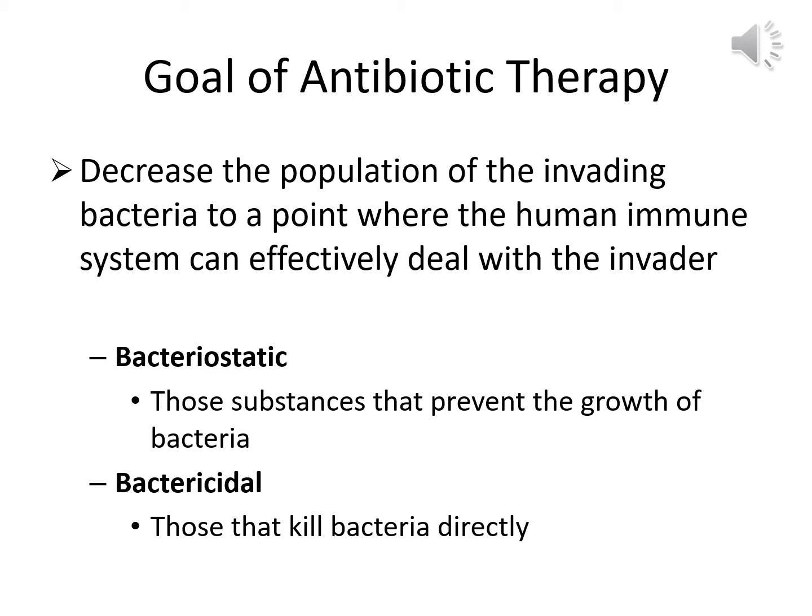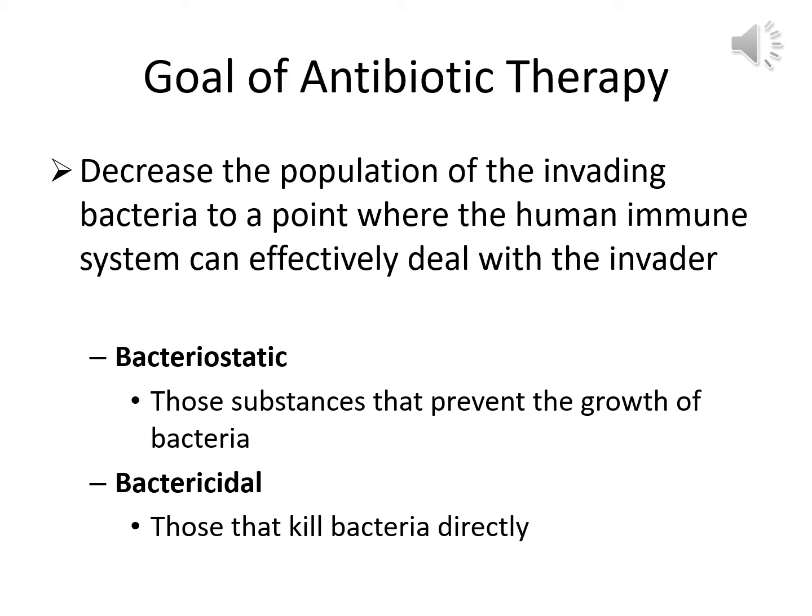And as alluded to earlier, we have two different types of broad categories of antibiotics: those that are bacteriostatic versus those that are bactericidal. Bacteriostatic ones just prevent the growth of the bacteria. They prevent the multiplication of the bacteria and rely on the immune system to clear the bacteria on its own.